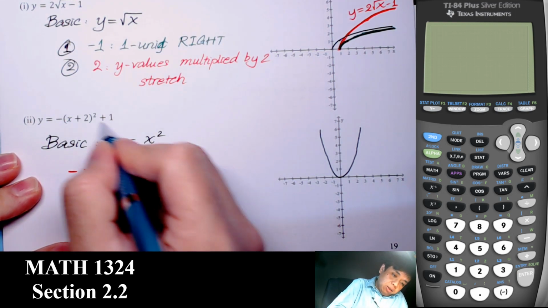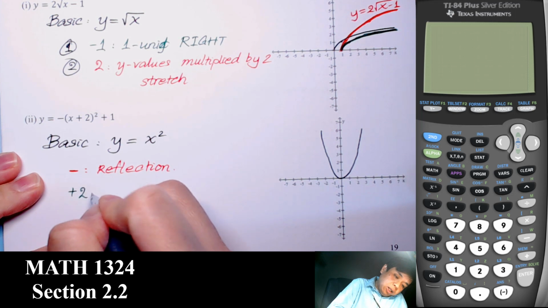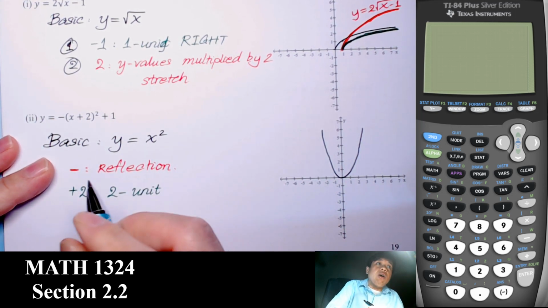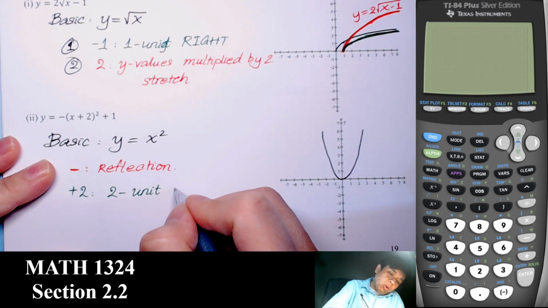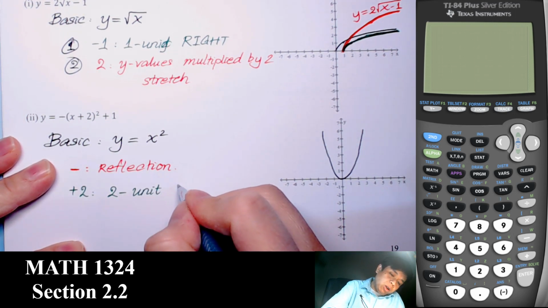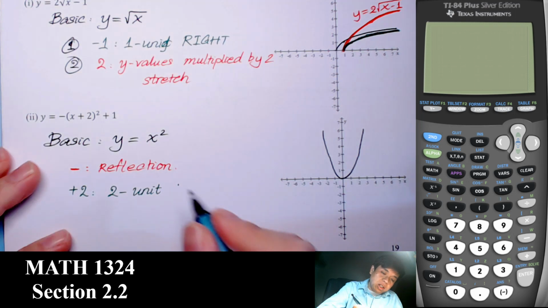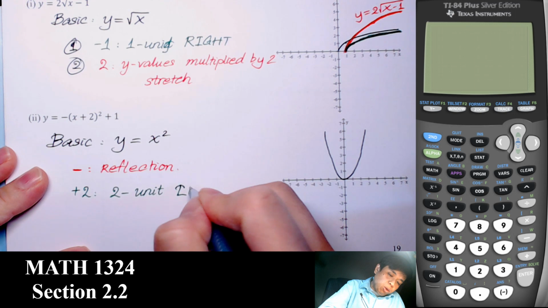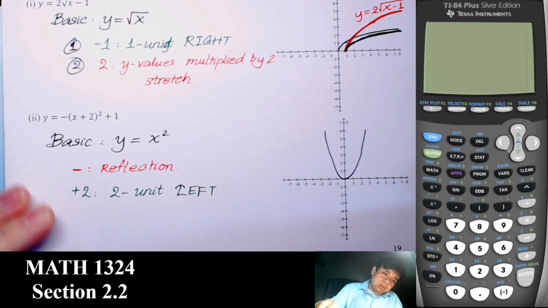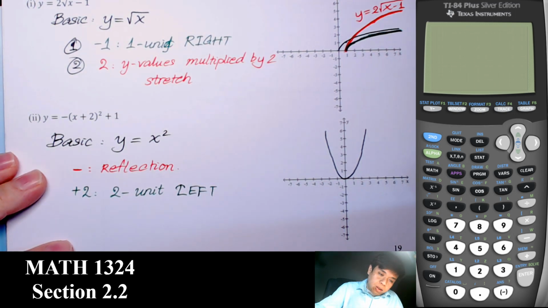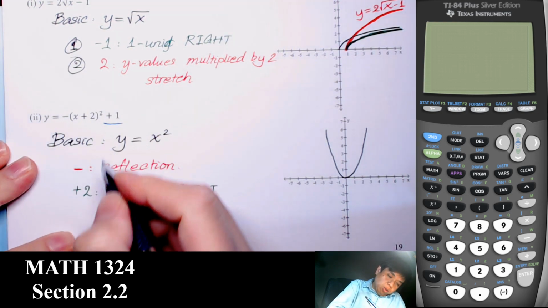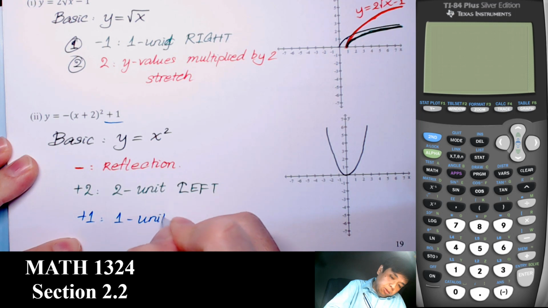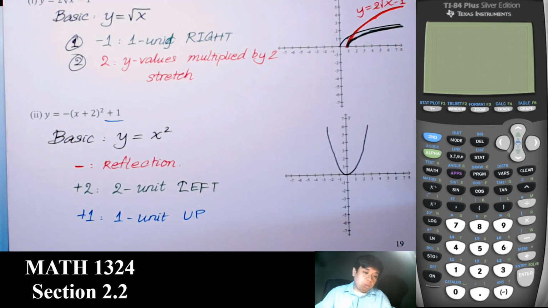And there's a +2 inside, so that affects the graph horizontally, but in reverse manner. So 2 units, the plus will be on the left. So move 2 units to the left, and then we have the +1, which is 1 unit up.